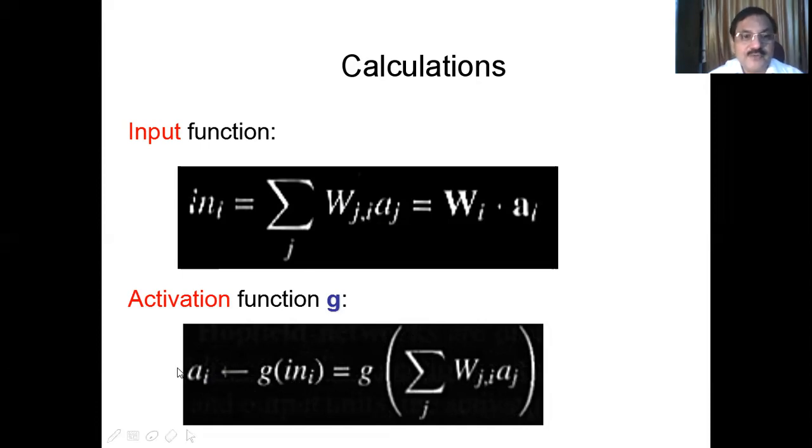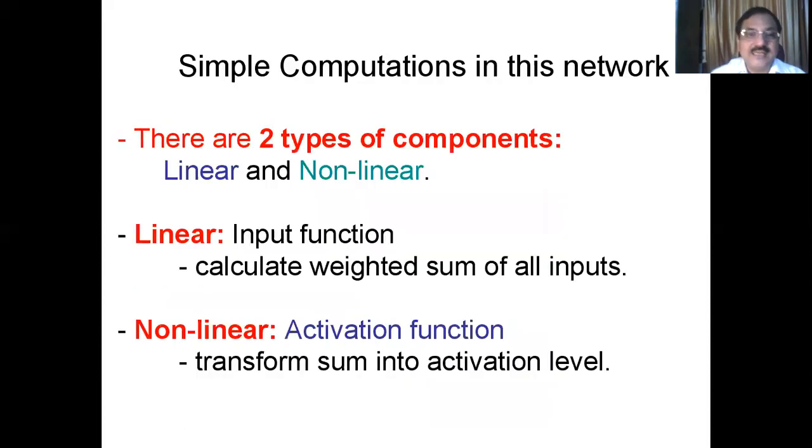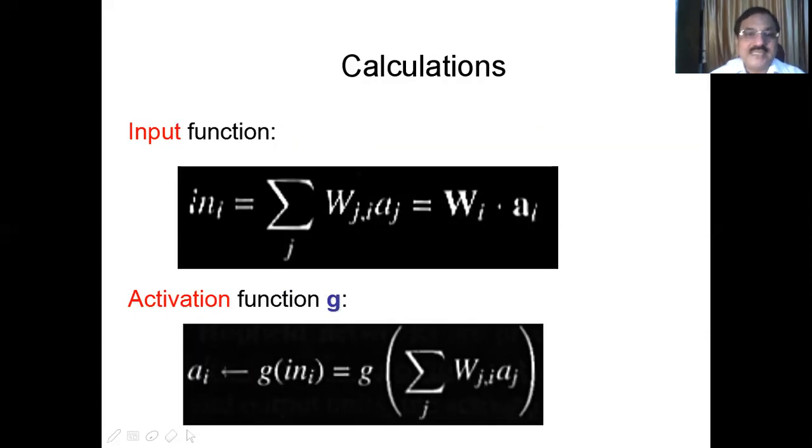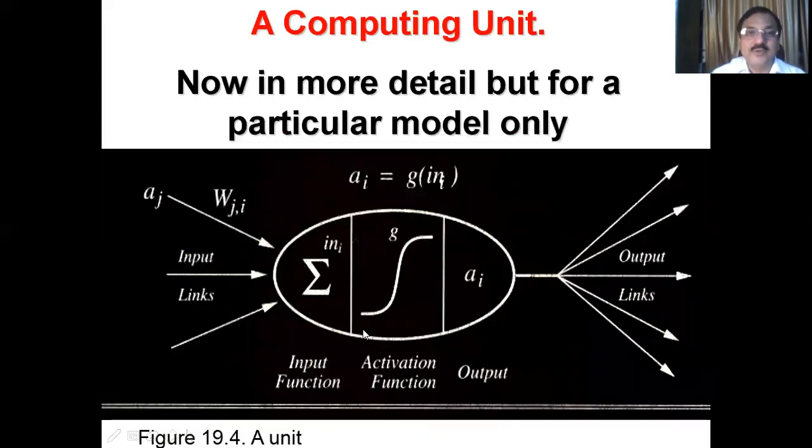So the output function A is nothing but the transform by G. As we see, there is a transform of the sum into an activation level. So this is the input function, and G is the transformation, and this transforms into the output level of the function.